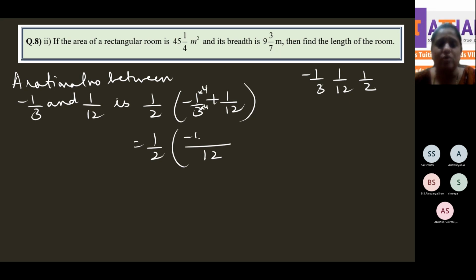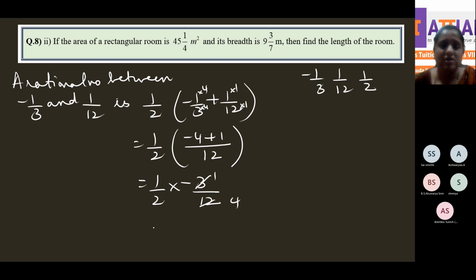So it will be minus 4. Here it is into 1. So minus 4 plus 1, which is half of minus 3 by 12. Now simplify. It is minus 1 by 8. Minus 1 by 8. So now these are the two rationals between minus 1 by 3 and 1 by 2.